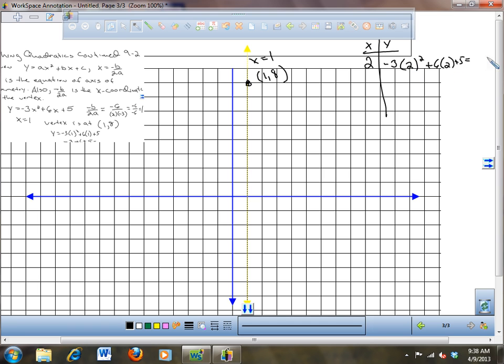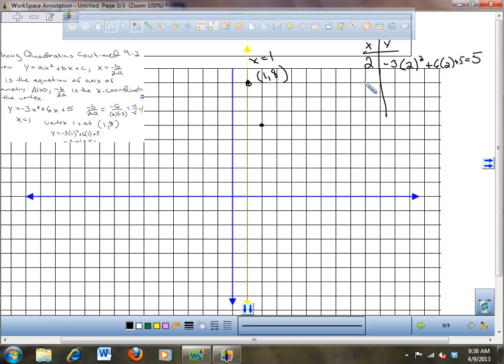Plus 12 makes 0. And plus 5 gives you 5. So what that means is I have a point down here, 2, up, 1, 2, 3, 4, 5. There's another point.